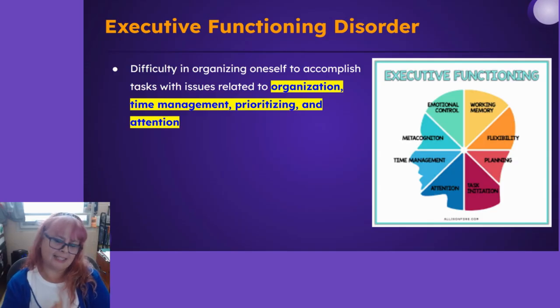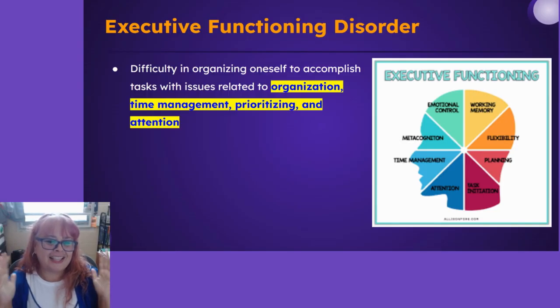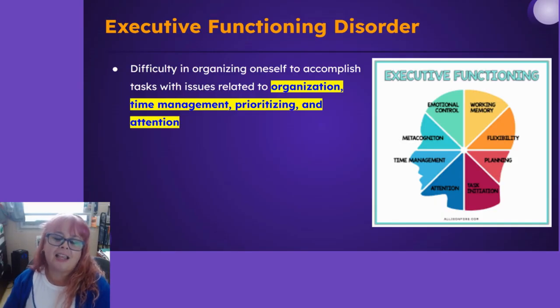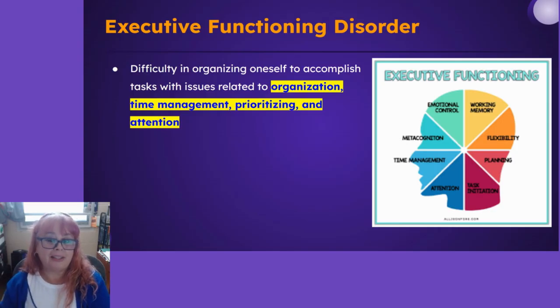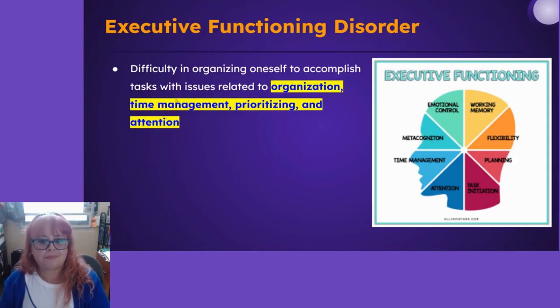Some people with executive functioning disorder have trouble with that, and their little traffic cop is taking a nap. And so you don't know what to focus on because there's too many things to focus on. So this is a very common learning difference we see here at Lawrence School, by the way. And a lot of people with dyslexia or dyscalculia could also have executive functioning disorder as well.